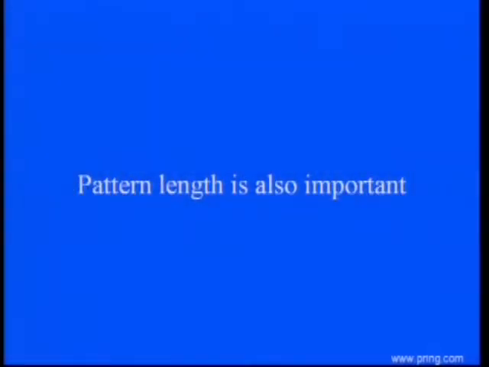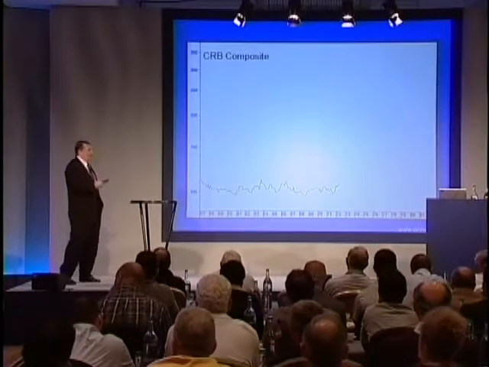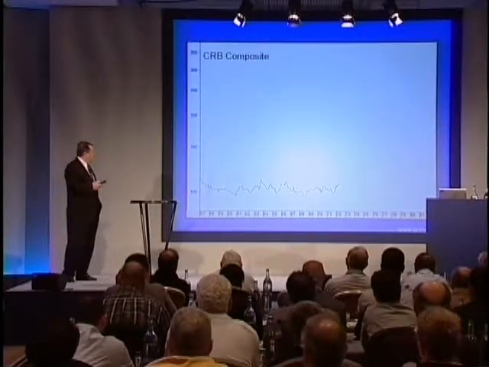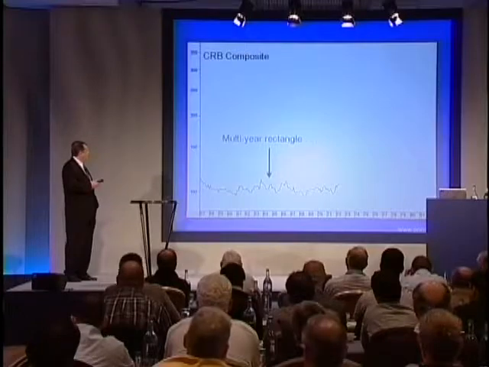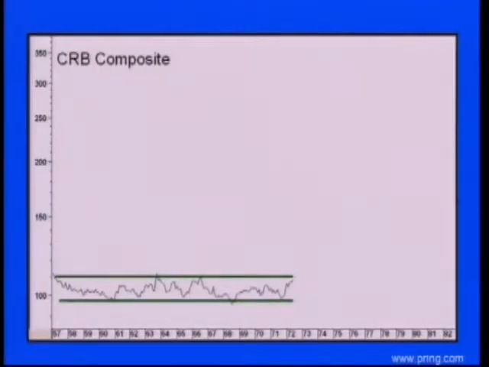Pattern length is also important. In this example, we've got a CRB composite, a commodity index, and you can see that it's in a trading range, a multi-year rectangle going from 1957 up to 1972. The bigger and longer the pattern, obviously the greater the battle between the buyers and sellers. Once that battle is resolved, you tend to get a much more significant trend once the breakout takes place.